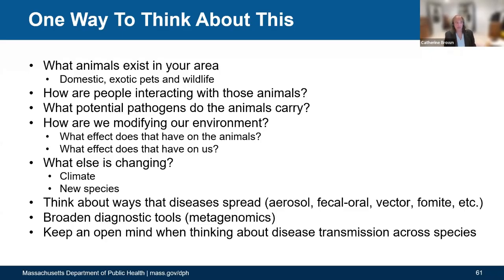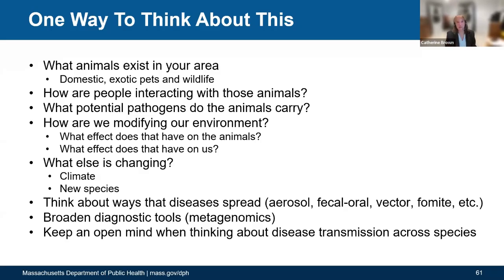And then we also have to think about the different ways that diseases can spread, right? Through respiratory, through fecal oral, so accidental ingestion, through vectors, ticks or mosquitoes, or through the environment or something that an animal touched. We have to think about, how do we broaden diagnostic tools?